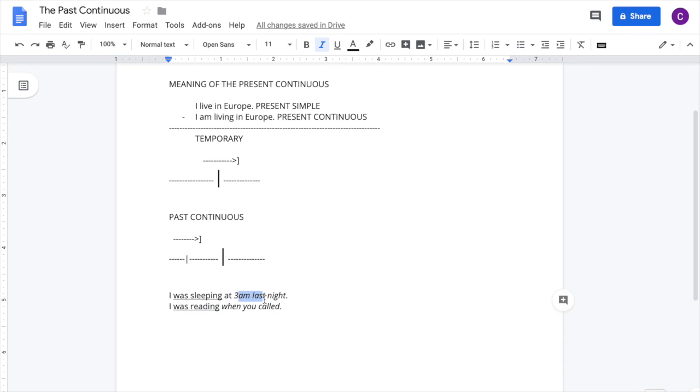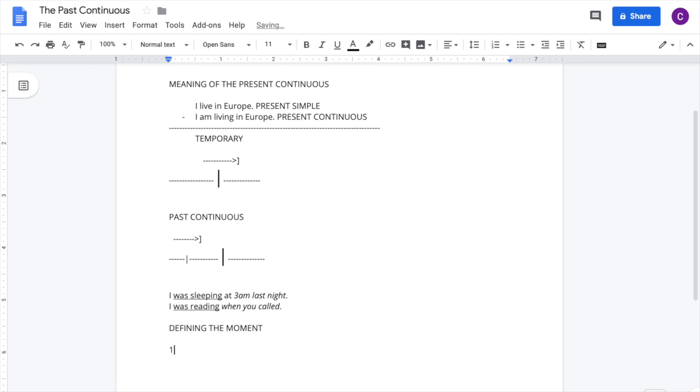Notice here that the past moment in time was actually an actual time. And here, instead of being a time, it's when you called. It's a time when something happened in that case. All right, so these are actually two ways that we can do what I call defining the moment.